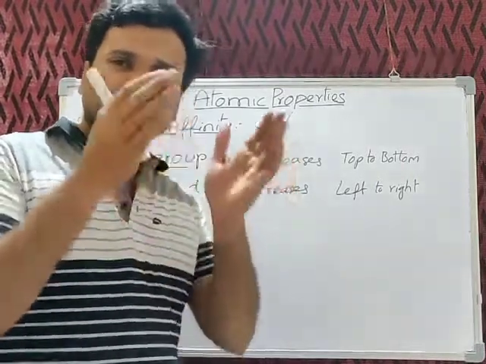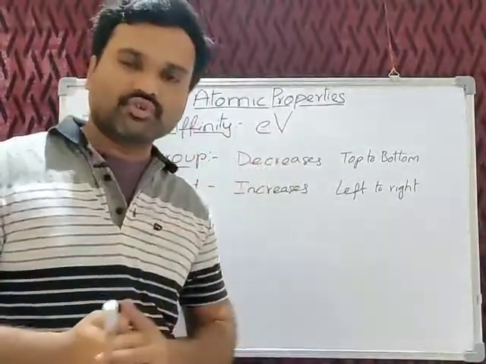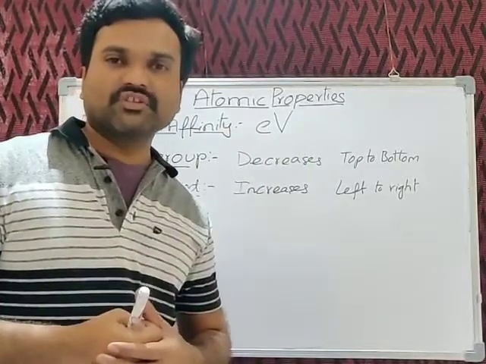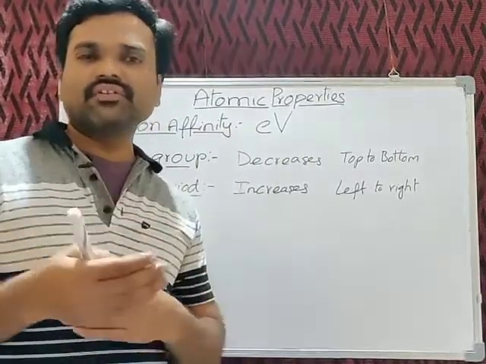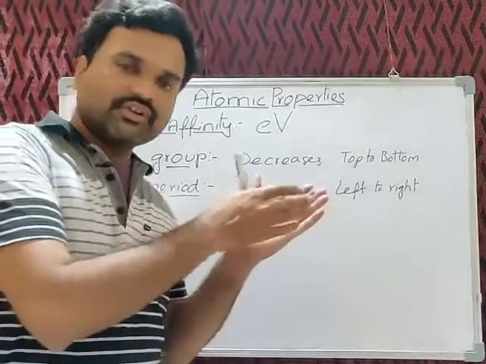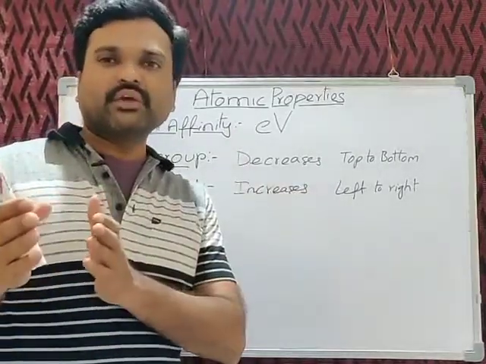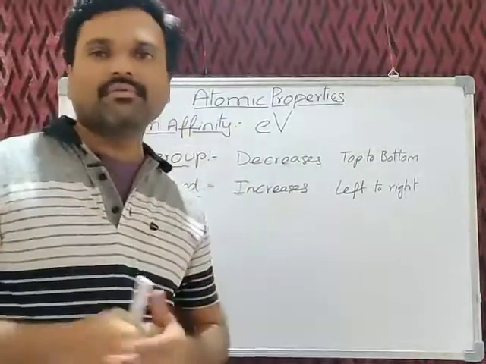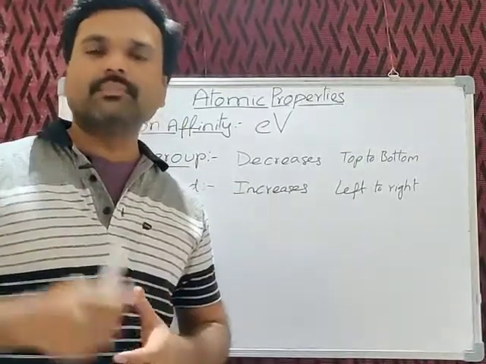As we know, they have a completely filled outermost shell, so they have no acceptance. So electron affinity for these elements will be 0. Generally, electron affinity increases in a period from left to right, but for noble gases it will be completely 0.